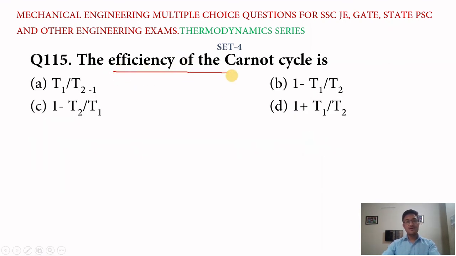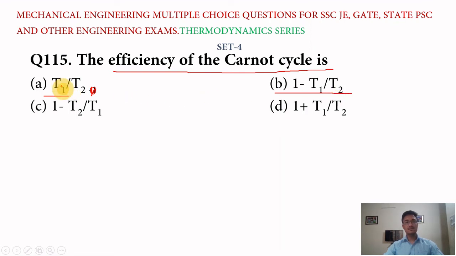the efficiency of Carnot cycle is. This is the most basic question also. We have four options. Option A, T1 divided by T2. Sorry, this is misspelled here. T1 is the low temperature, T2 is the high temperature. B, 1 minus T1 divided by T2. There must be some correction to do.